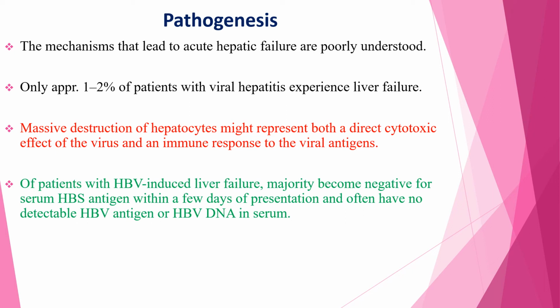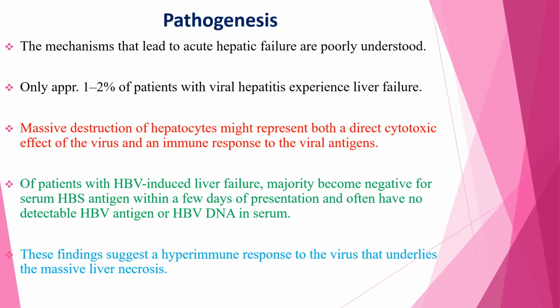Of patients with hepatitis B virus-induced liver injury, the majority become negative for serum hepatitis B surface antigen within a few days of presentation and often have no detectable hepatitis B virus antigen or hepatitis B virus DNA in the serum. These findings suggest a hyperimmune response to the virus that underlies the massive liver necrosis in the case of hepatitis B virus-induced acute liver failure.